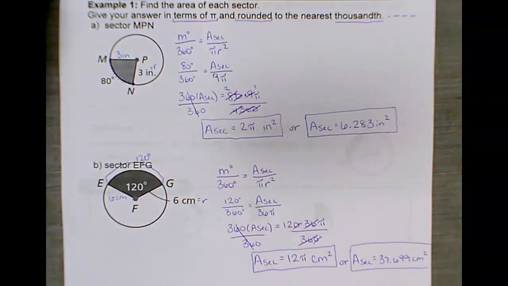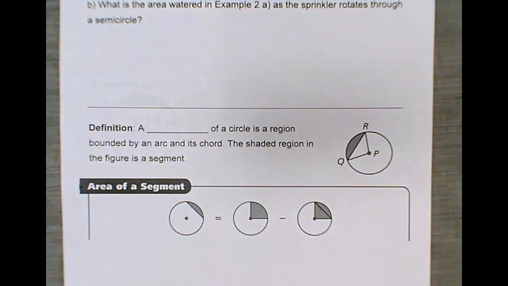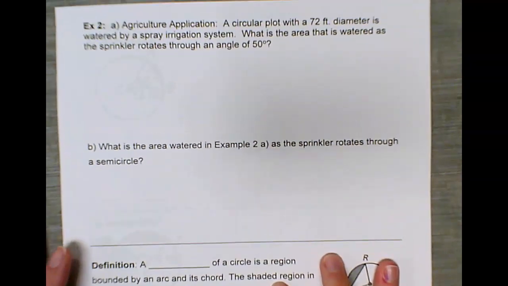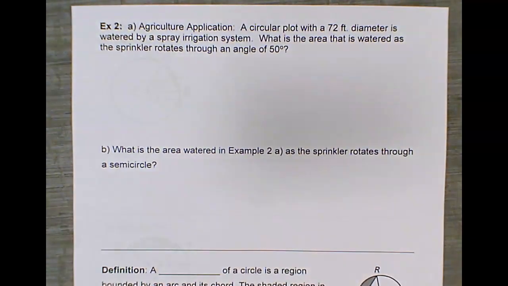Okay, so let's see if we can apply these more basic types of problems with our proportion to a real-world situation. So in example 2, in agriculture, a circular plot with a 72-foot diameter is watered by a spray irrigation system.